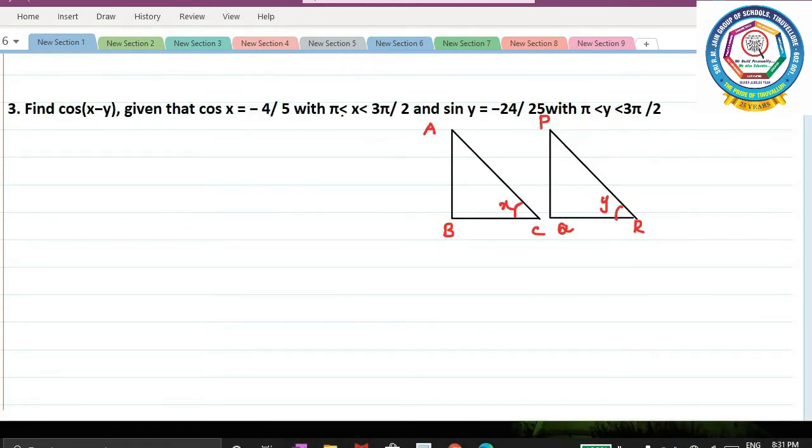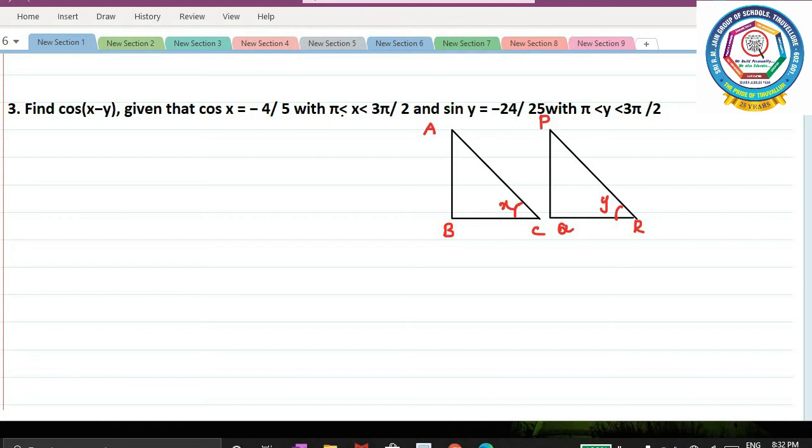Sum number 3. Find cos of x minus y given that cos x equals minus 4 by 5 with pi less than x less than 3 pi by 2, and sin y equals minus 24 by 25 with pi less than y less than 3 pi by 2. Here x lies between pi to 3 pi by 2, that is 180 to 270.